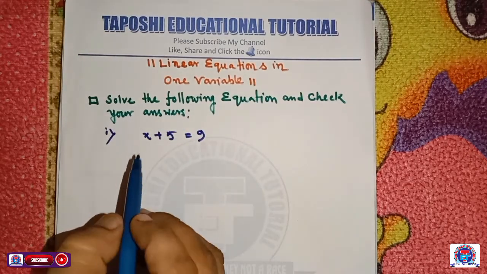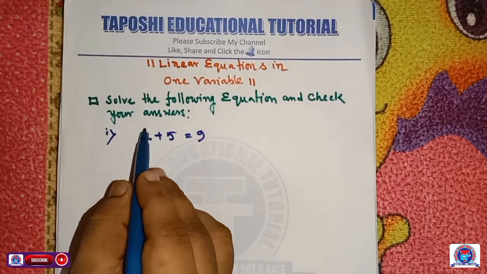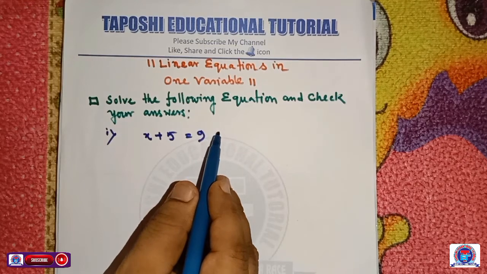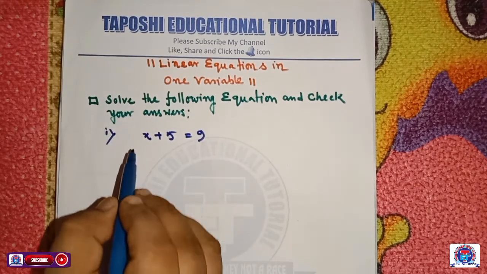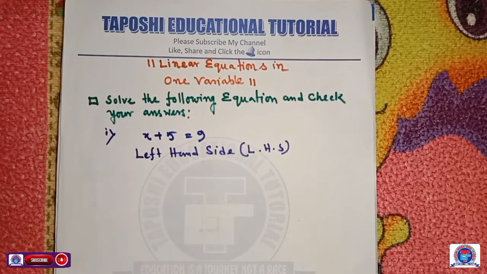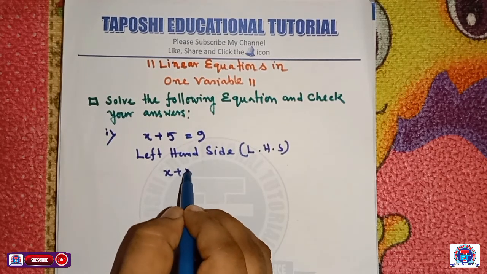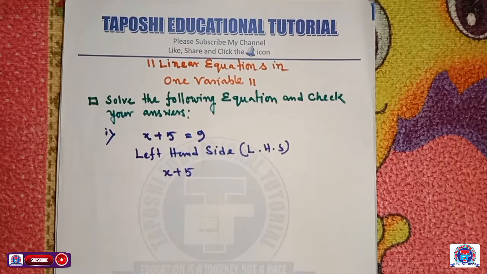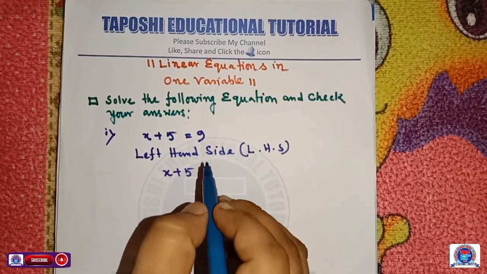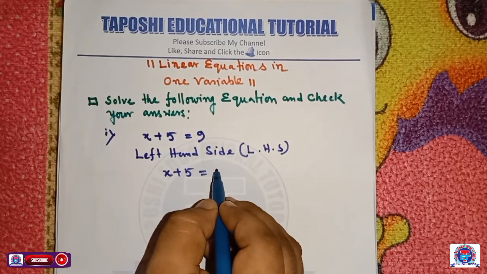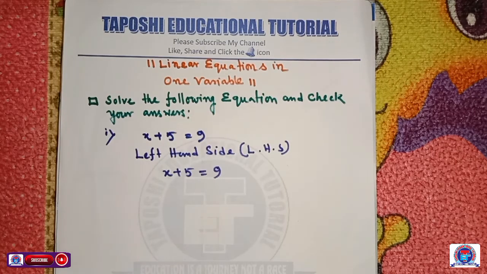So this is the left hand side and this is the right hand side. So we first write x plus 5, correct, is equal to 9.